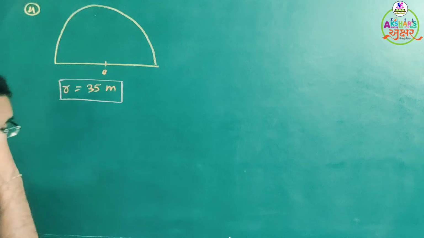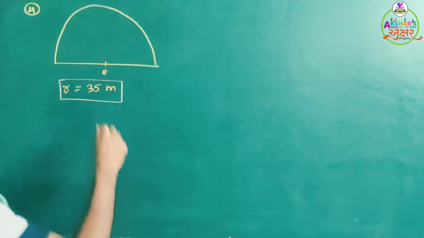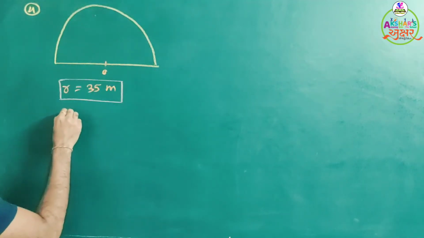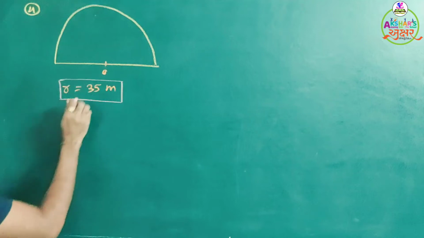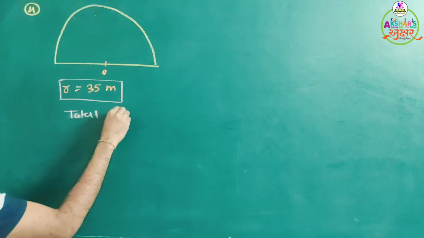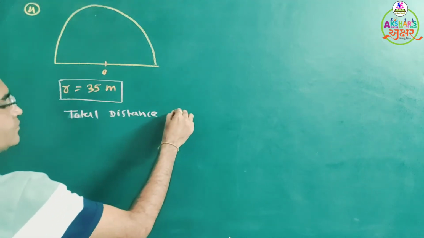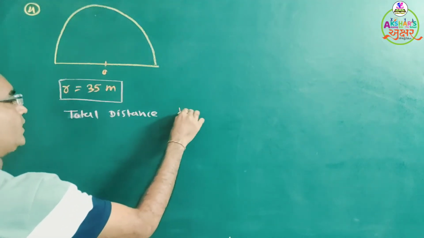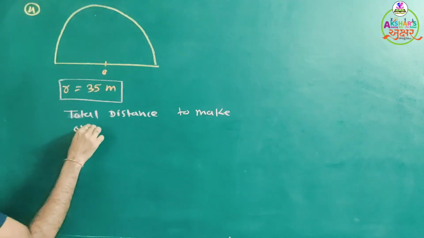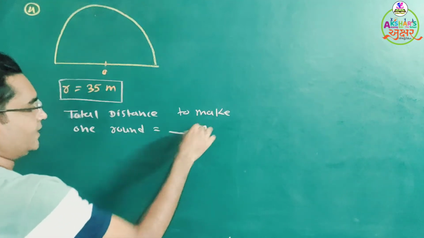So here question is, if one has to make one complete round of this semicircular garden, he has to walk, that means total distance to cover to make one round is equal to dash meter.